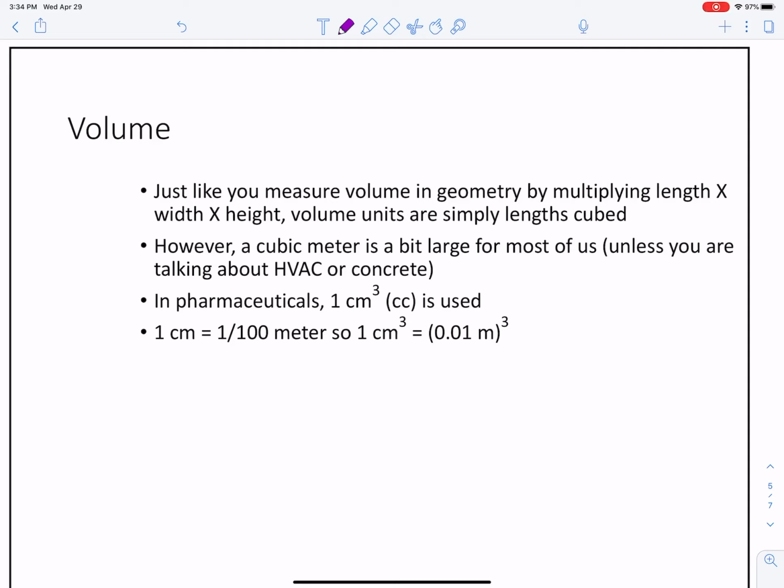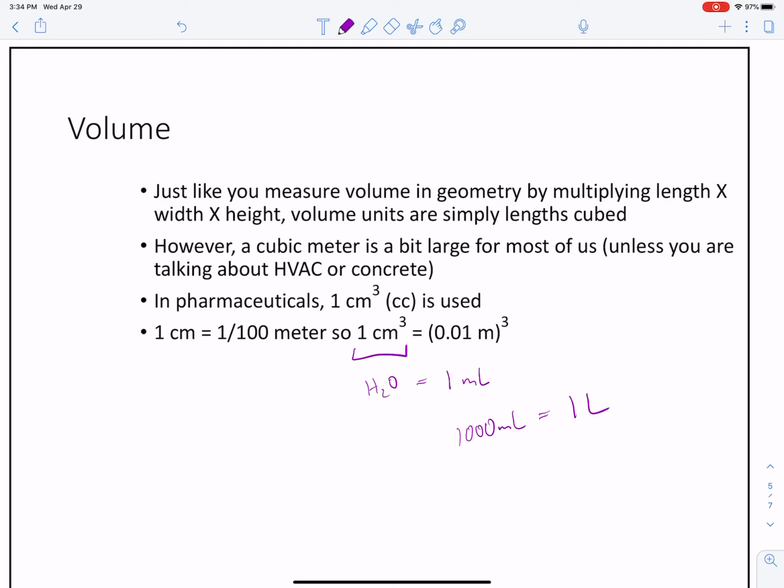So if we take 1 centimeter cubed of water, of H2O, that 1 centimeter cubed of water is equal to something called 1 milliliter. 1 milliliter, when we multiply it by 1,000, we find that 1,000 milliliters is equal to 1 liter.